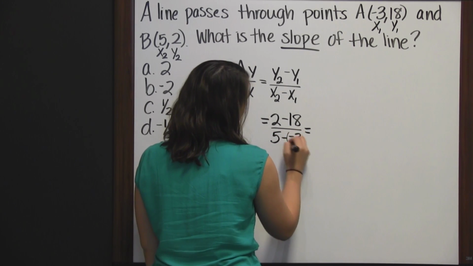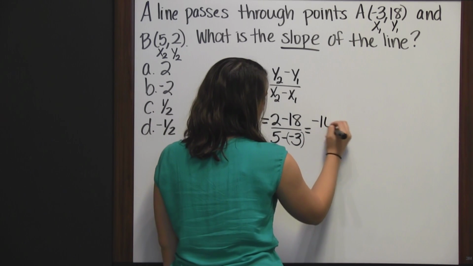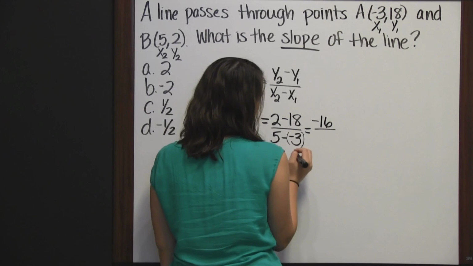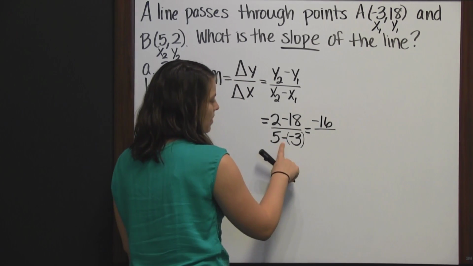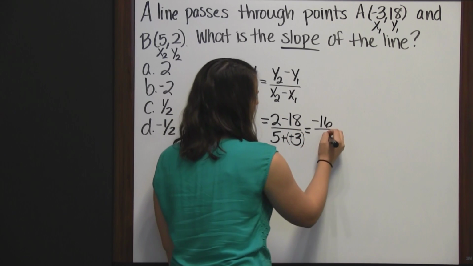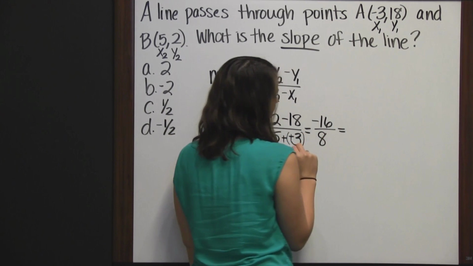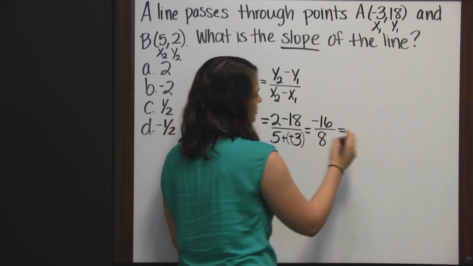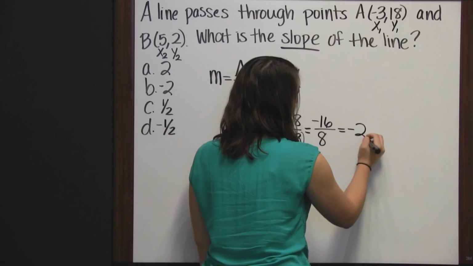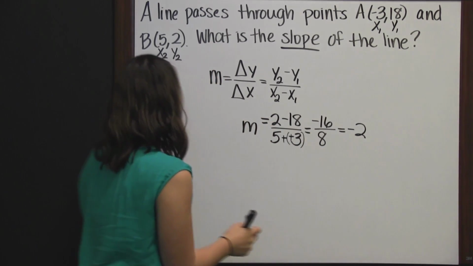And then we simplify. 2 minus 18 is -16 divided by 5 minus a -3, which is 8. We can add the opposite, so that's just 8. And we can simplify that. -16 divided by 8 is -2. So our slope is -2.